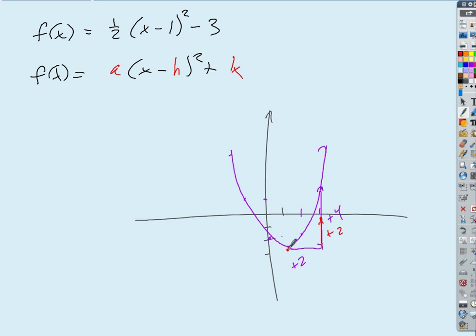And what's that going to do? It's going to give me a shorter, wider parabola. It's going to look like that, right? Well, why didn't we want to use this point? Because going over 1 and up 1, if I multiply 1 by 1/2, I don't get a nice convenient point. Okay. We'll keep doing it.